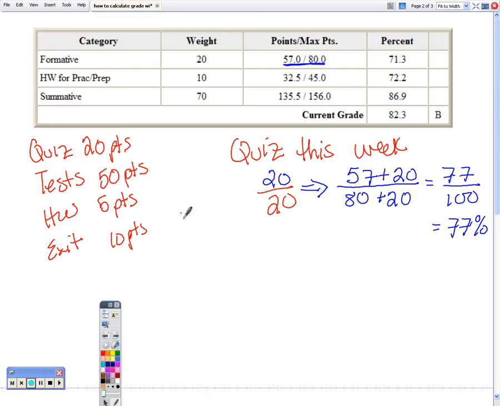So to find their quarter grade, the student will do 0.2 times the new category average plus 0.1 times the homework category average plus 0.7 times the test average.